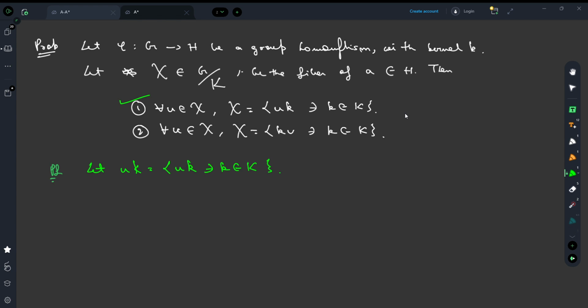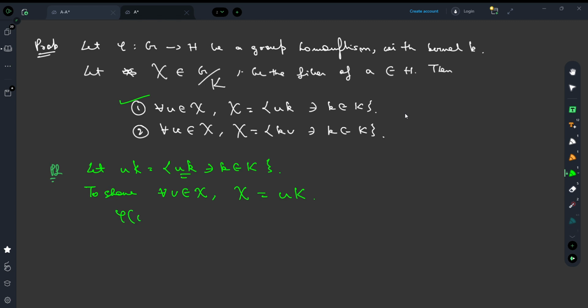So what we need to show is that for all u in chi, chi exactly equals this set. Let's start with an element from uK. Any element of uK is of this form.